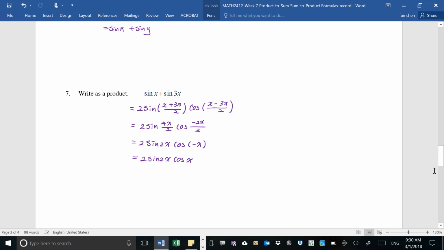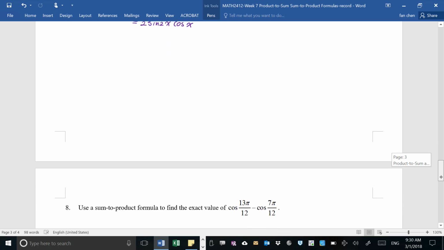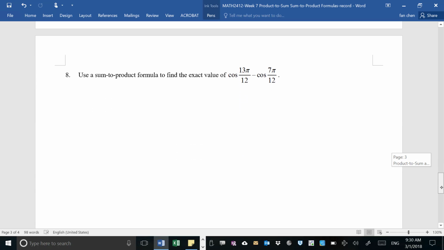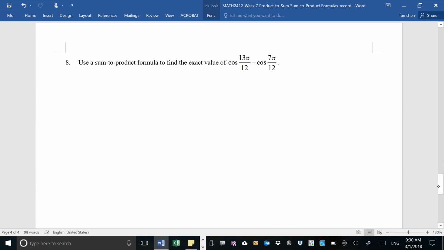Alright, let's take a look at 2 more problems. We are going to use a sum to product formula to find the exact value of this difference of 2 cosines.